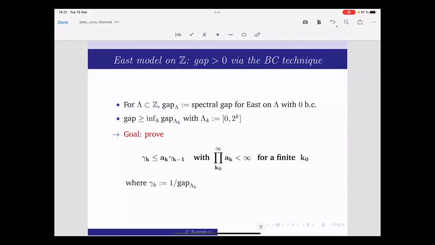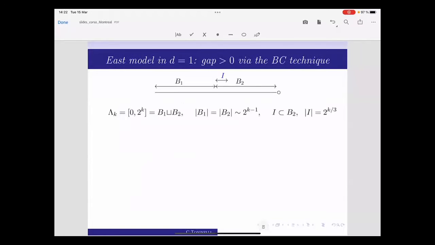Okay, so establishing this iterative inequality means establishing inequalities between the variance and the Dirichlet form on scale k, with prefactors that depend on the spectral gap at k minus 1. Okay, so what is the idea here?